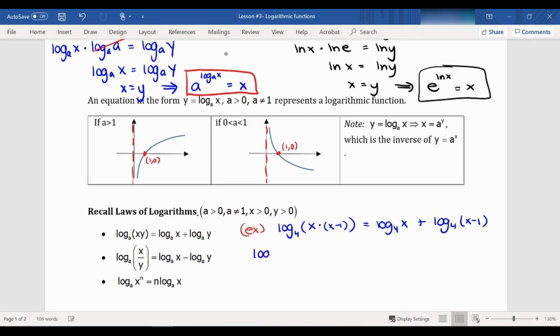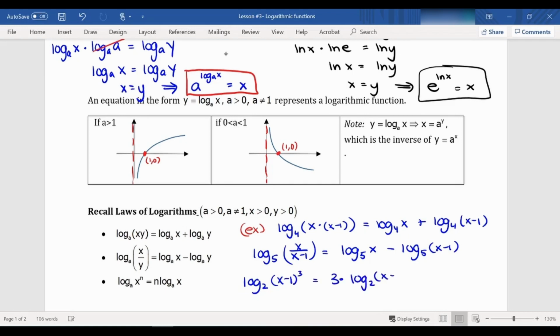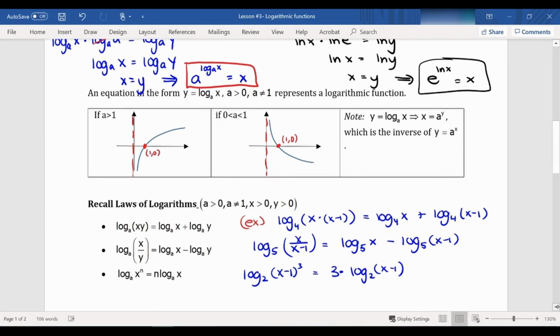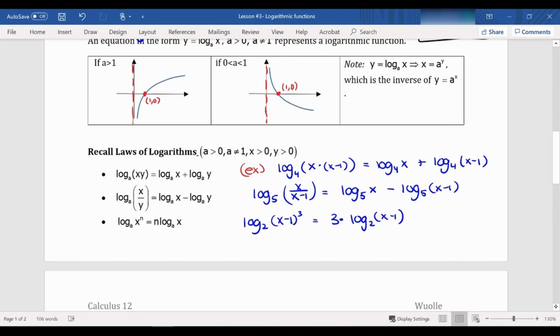If I had log base 5 of x over x minus 1, I could rewrite this as log base 5 of x minus log base 5 of x minus 1. And if I had log base 2 of x minus 1 cubed, this would be 3 times log base 2 of x minus 1. There might not be x's in there, there could be actual numbers. These laws still apply, and these apply to ln as well.